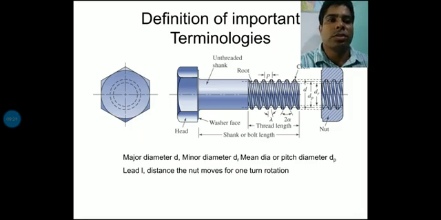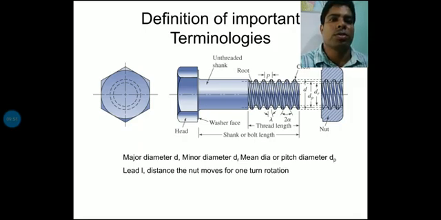And next is pitch diameter. It is the distance between two diametrically opposite points on the imaginary cylinder, relating to the axial spacing between two adjacent threads. The distance between two adjacent threads is actually called the pitch.